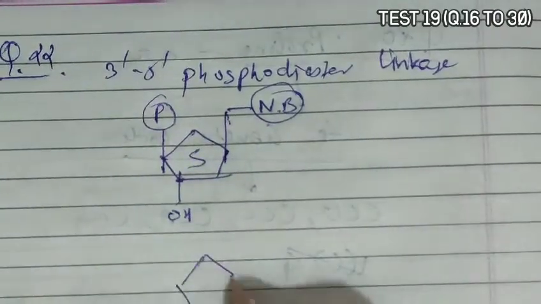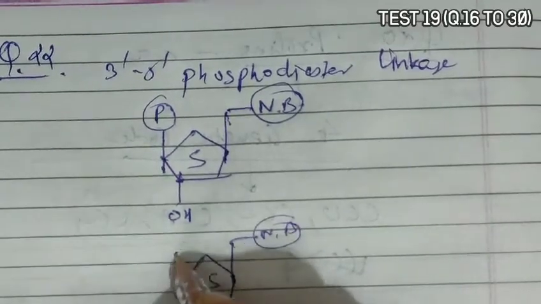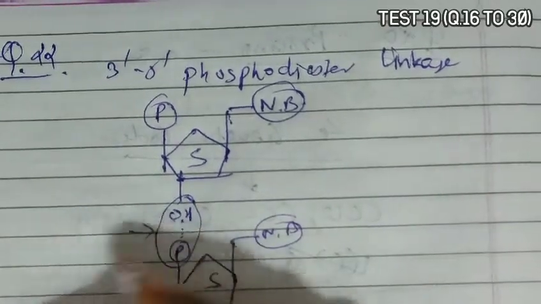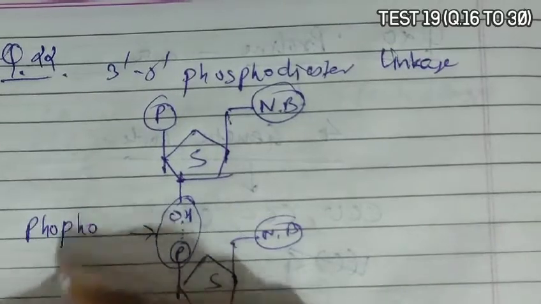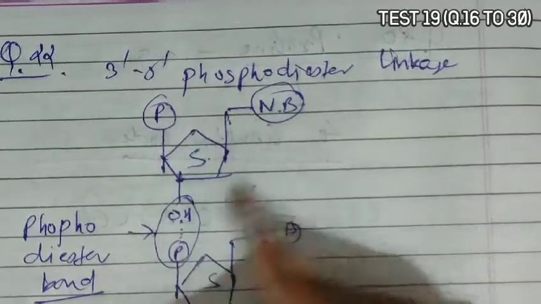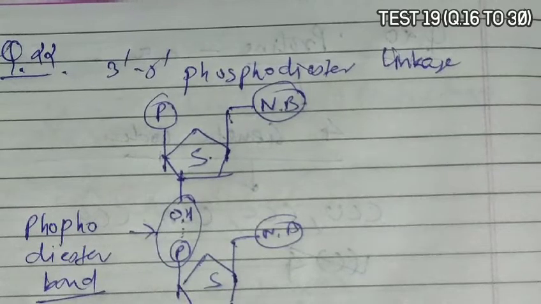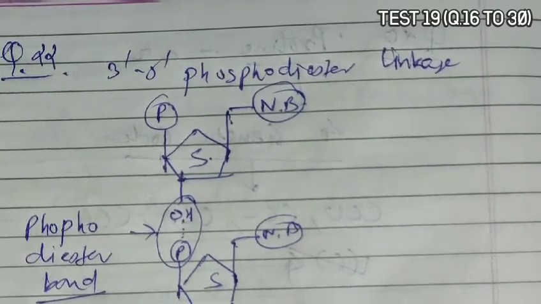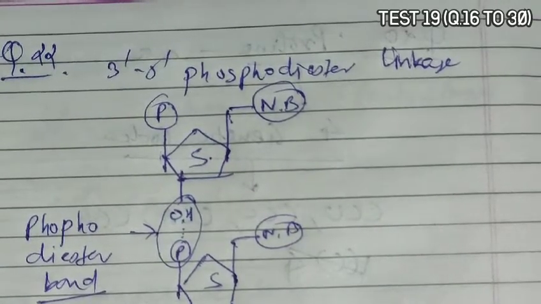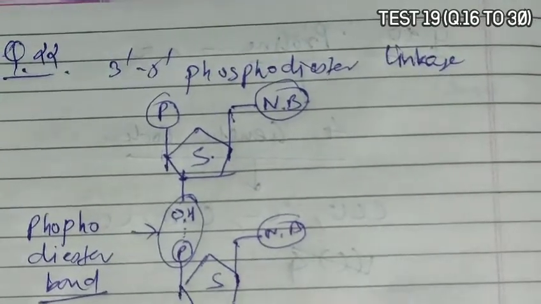Now in another nucleotide, at first carbon is the nitrogenous base, and at fifth carbon there is a phosphate. The bond formed between this OH and phosphate group is known as the phosphodiester bond. So it joins one nucleotide with another nucleotide. So C is the correct answer.